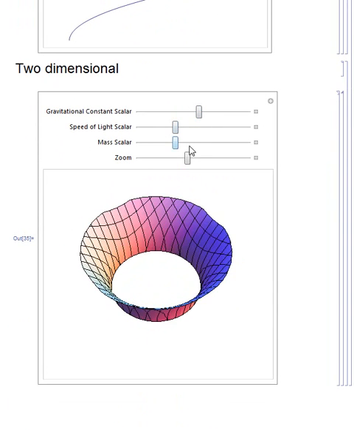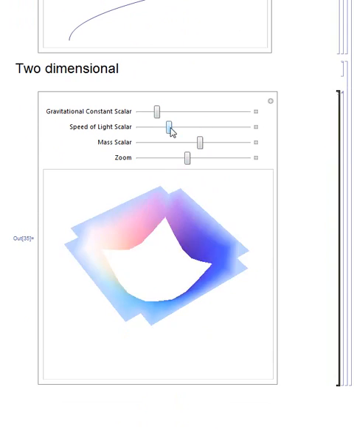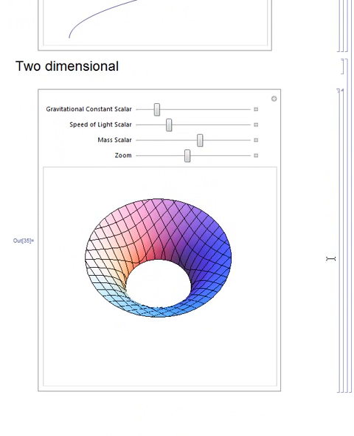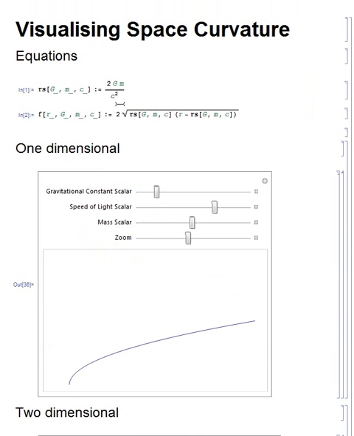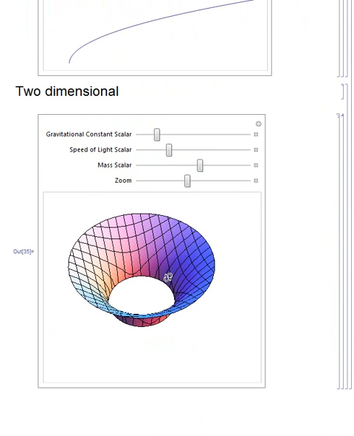This has the same kind of scalars. You can just change these. And notice that it has no argument for the radius of the spherical mass. So it's equivalent to the shell theorem in Newton's gravity.